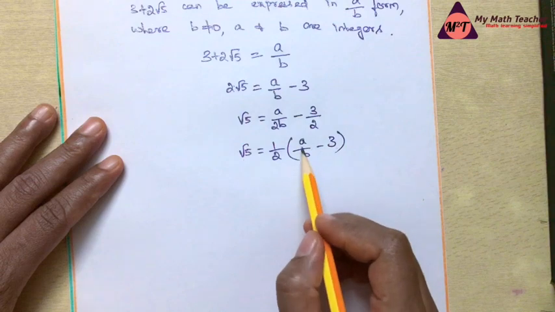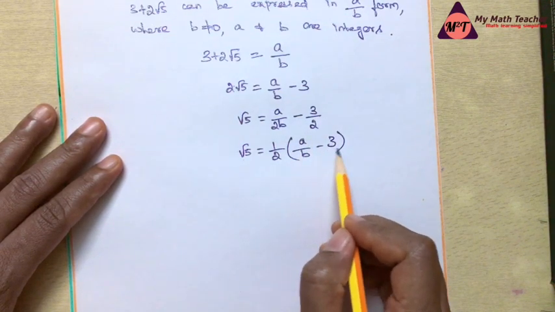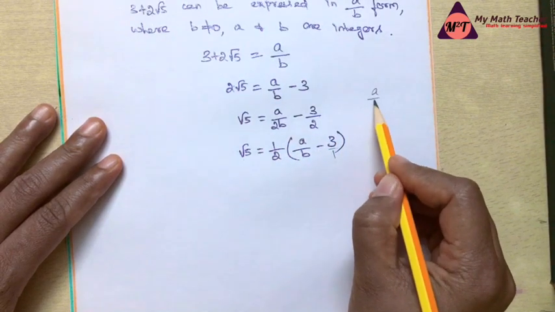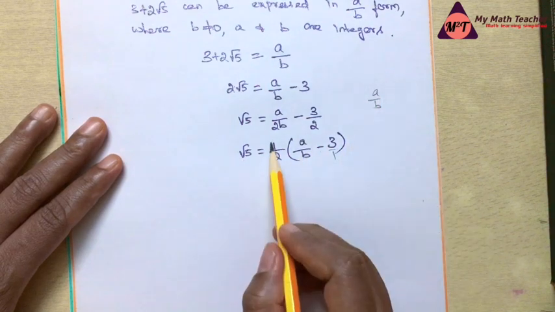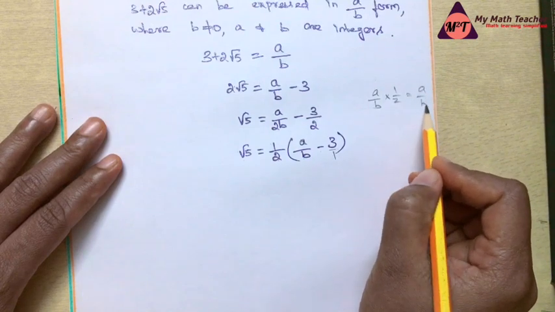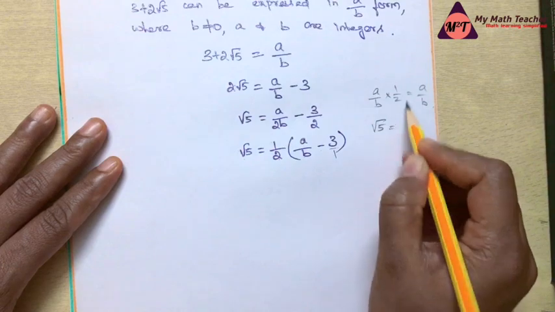So now this is a rational number, that is a simple fraction. When you simplify this, you will get again a by b form. And when you multiply that answer with 1 by 2, you will get again the answer in a by b form. So what happens here? Root 5 is rational.